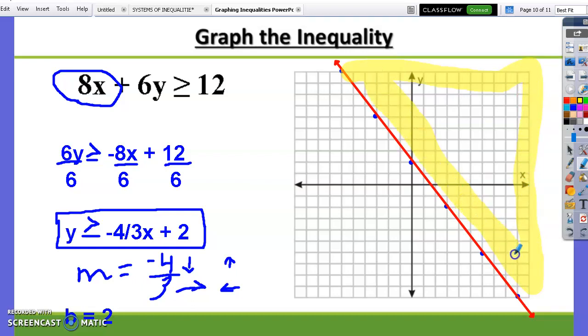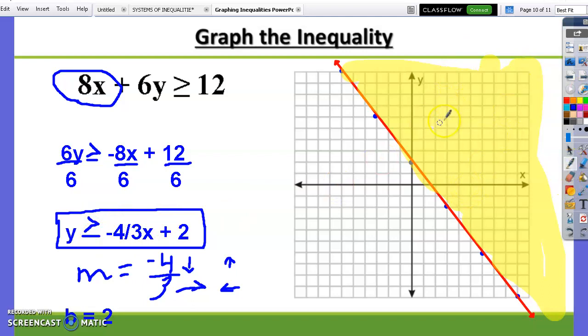That's on top of the line. So all of this that I'm shading in, including that line, is a part of my solution. That means that any ordered pair in the shaded region or on the line, if I were to plug it in for x and y, will give me a true statement.